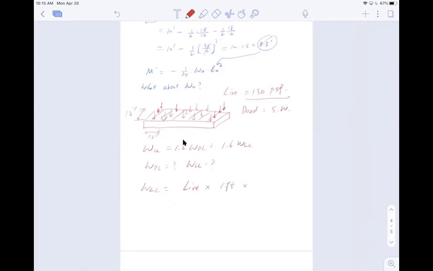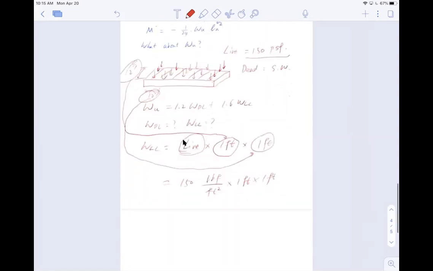And I have another one, which is basically here. Let me just show you what I mean by that. This is another foot by the strip. So I have distributed load, I have area, and I need to get a pound. So this is 150 pounds force per feet squared multiplied by 1 feet multiplied by 1 feet.